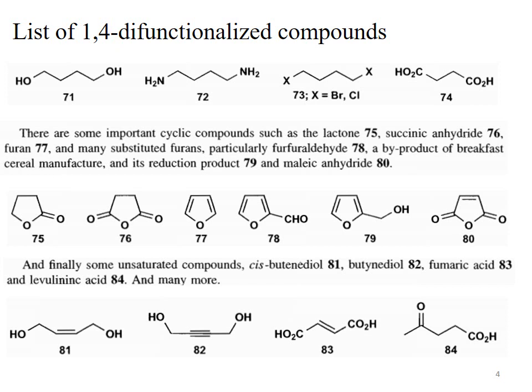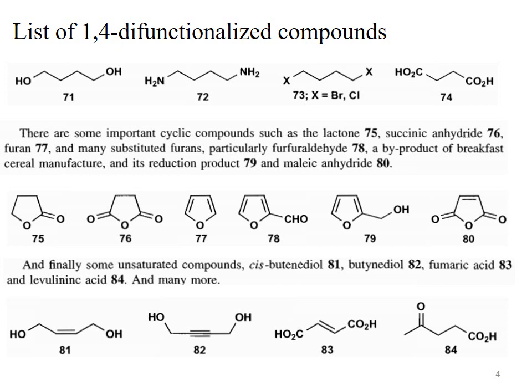There are some important cyclic compounds such as the lactone, that is 75. Lactones are cyclic esters. There are some other compounds which are cyclic amides. They are the lactams.